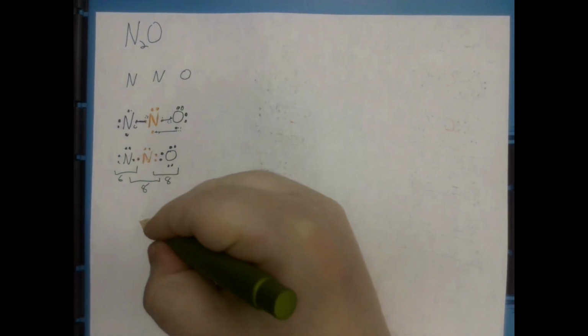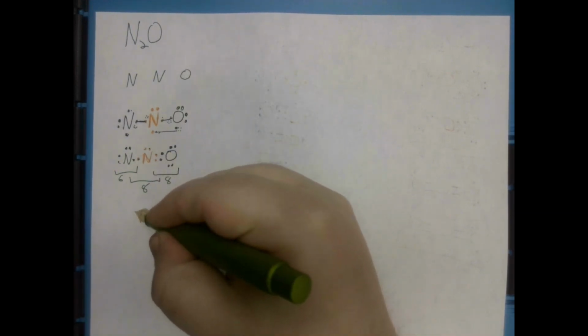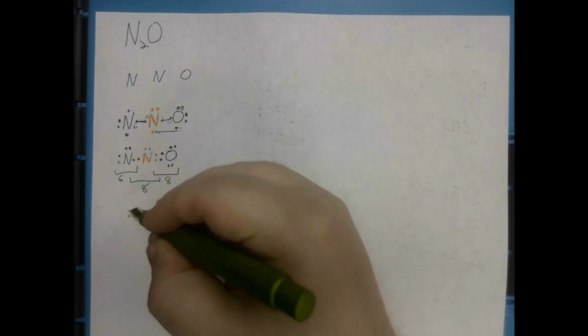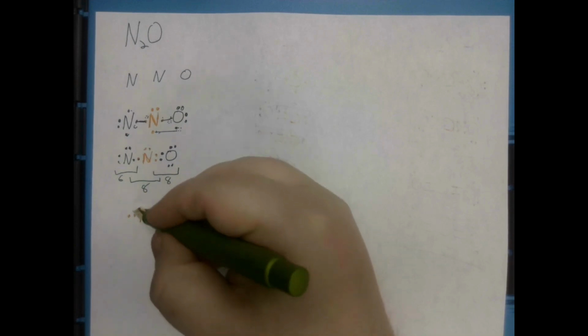So, like last time, we're going to make the middle nitrogen share 2 of its electrons to get the left one up to 8.